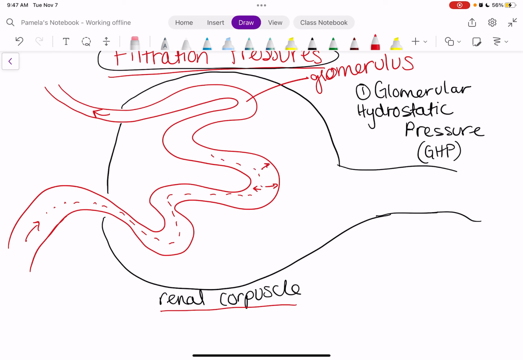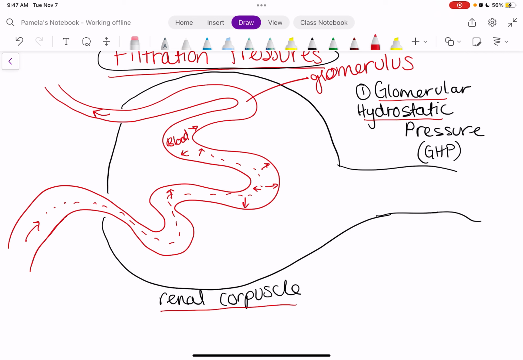You might remember back from chapter 21 when you did blood vessels, that capillary hydrostatic pressure, or blood hydrostatic pressure, is the force of blood inside blood vessels pushing out on the walls of blood vessels. This is the same concept, but we're just calling it glomerular hydrostatic pressure because we're in the glomerulus today.